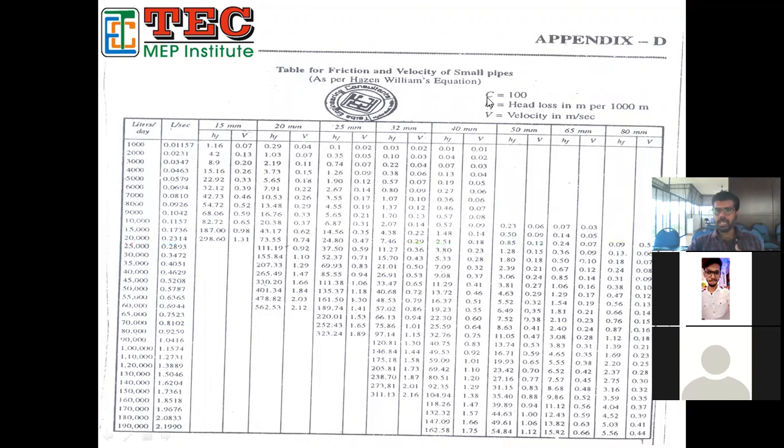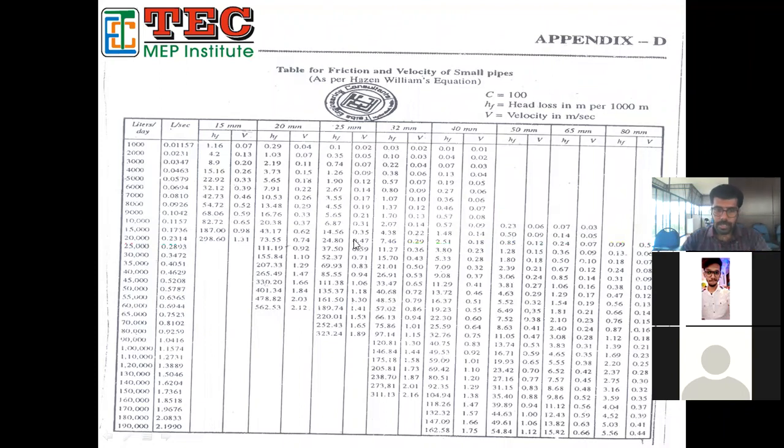C means a constant, it's 100. HF means head loss in meter per 1000 meter. V is the velocity in meter per second. We are going to see what the velocity is. So what is our meter per second? It is 0.66. It is not necessary that we have 0.66 here. We are taking the value which is coming very close to 0.66.